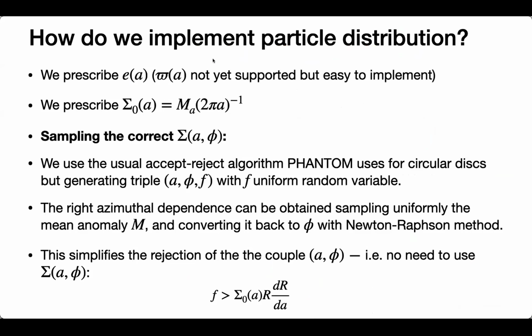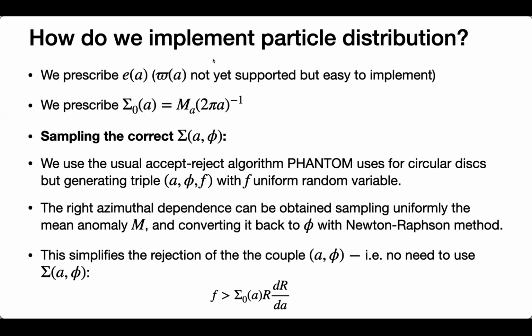So in general, how do we implement this in Phantom, accounting for this azimuthal dependence? The way we do this in the end is with a trick. You know that particles in Phantom are distributed in the disk using an accept-reject method.